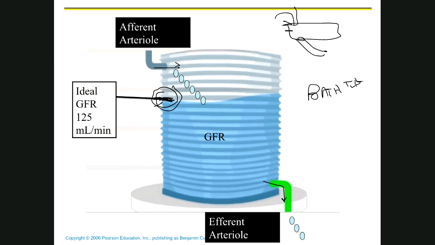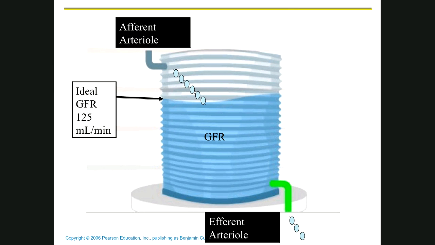Think about this. If I want to fill up my bathtub with water, and I want to keep it at that level, but there's water going in and water going out, what if this volume, this level of water changes? Well, look, I can make adjustments to this level two different ways.